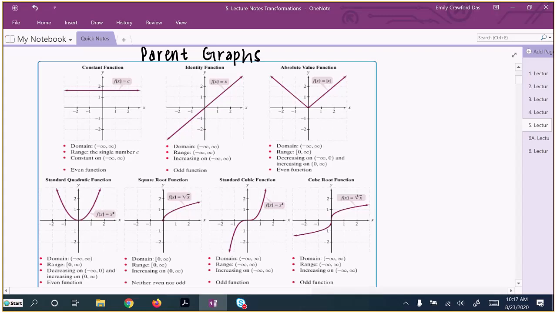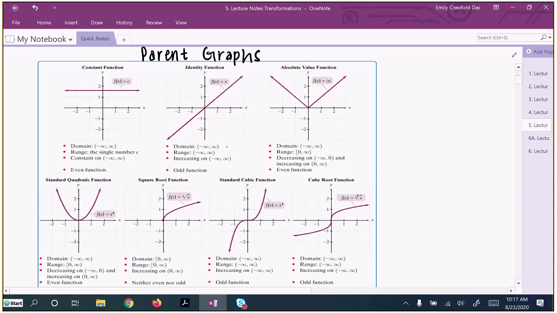The next type of function that we want to know how to sketch is f of x equal to x. This is just a straight line of positive slope 1, and we'll learn more about lines and be able to draw a variety of lines, but in particular, we want to know that the function f of x equals x, or y equals x, is this diagonal line that passes through the origin.